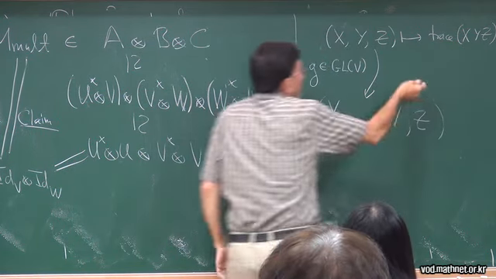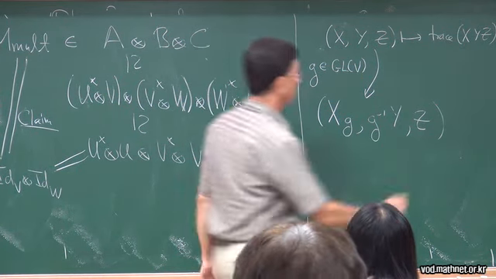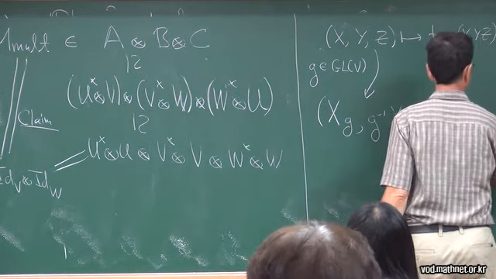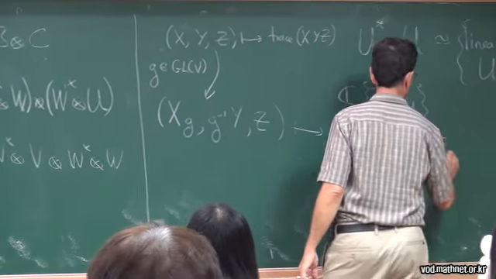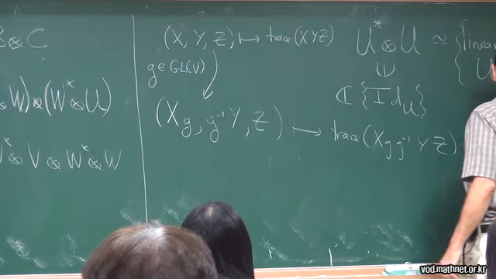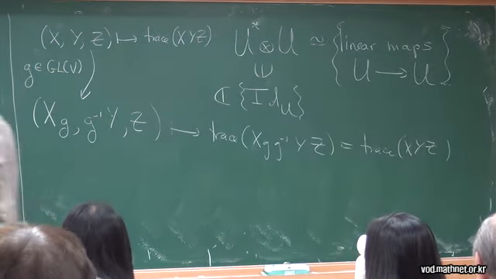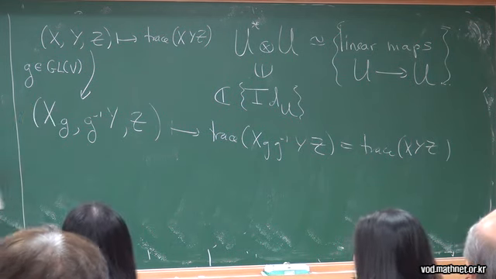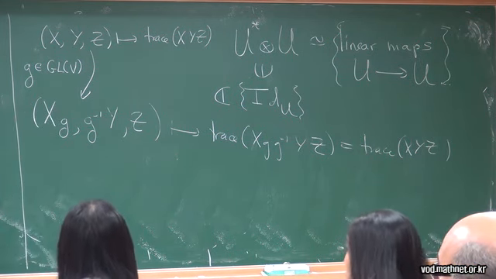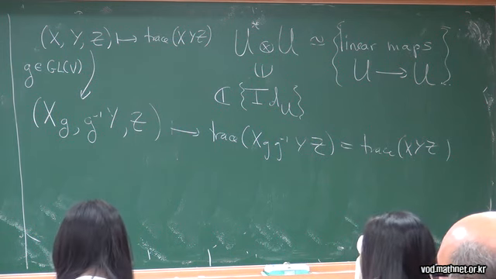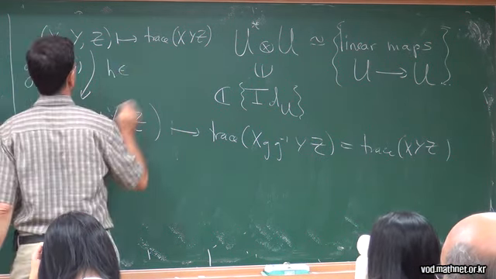And Z, nothing happens because there's no V involved. And so this one maps to trace of X, G, G inverse, Y, Z, which is certainly the same as the trace of X, Y, Z. So it's clear that since this identity map in V is the only thing that has that property, everything is good.